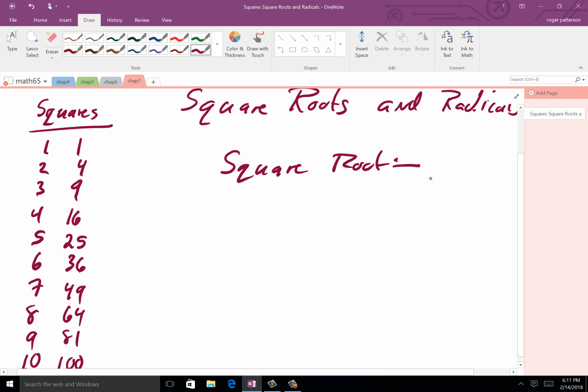Basically there's a definition that says the square root of A, well, if we take the square root of A squared, we get A, because like here the square root of 4 is 2, because 2 times 2 equals 4.